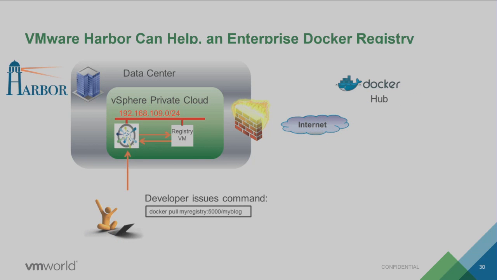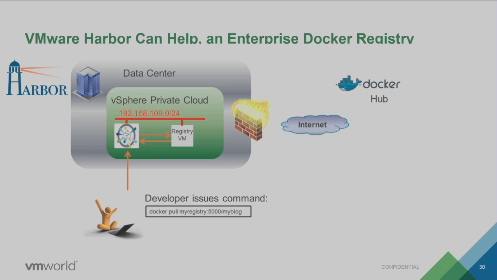Harbor is an on-premise replica of the Docker registry. So it's the same functionality, same upload, download of images. It's role-based access. It also provides replication, so you can replicate images both between different data centers or between clouds, even if it's not a VMware cloud. So if you want to have images replicated out to Amazon, that's certainly something you could do with this.